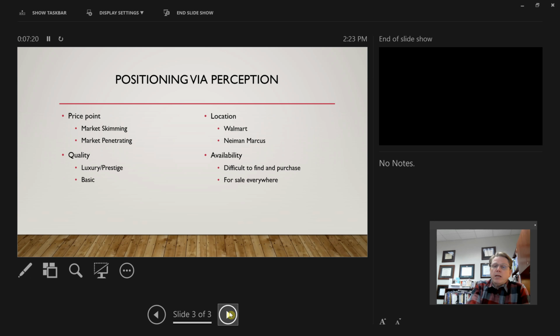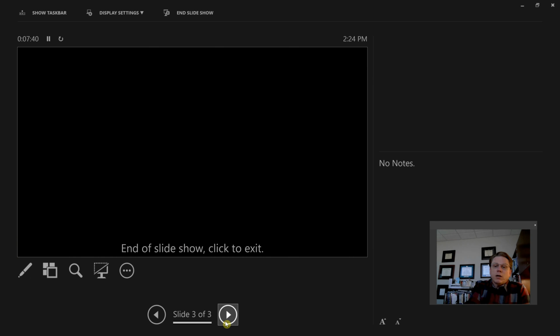Well, in Ada, there's only a handful of car dealers. So if you're trying to find a Volvo or a Mercedes or Jaguar, you'd have to go to Oklahoma City or even Dallas. Tesla would be another example. It's very difficult to get if you're not in a major city. And that's an overview of Chapter 5, Positioning.